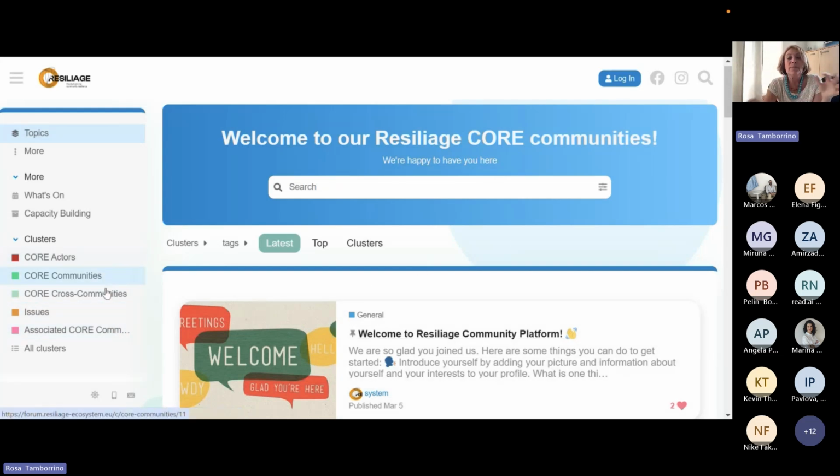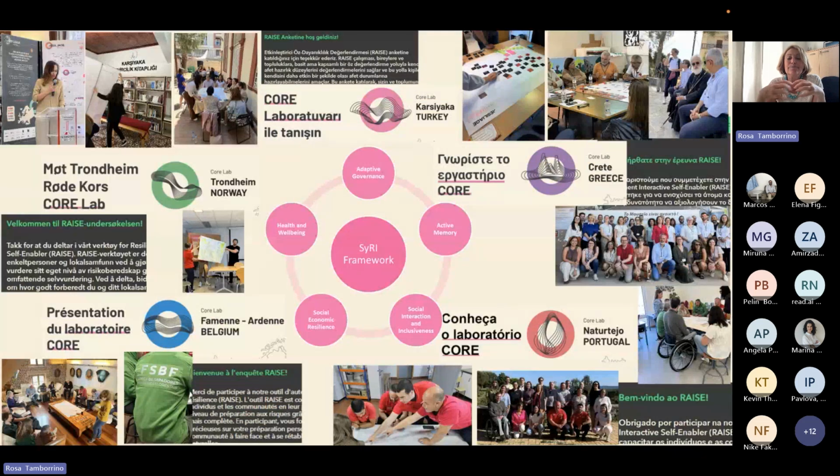Through this kind of tool we also provide mentoring activities, for exchanging knowledge, for peer learning among different target groups, and for interacting and exchanging information.